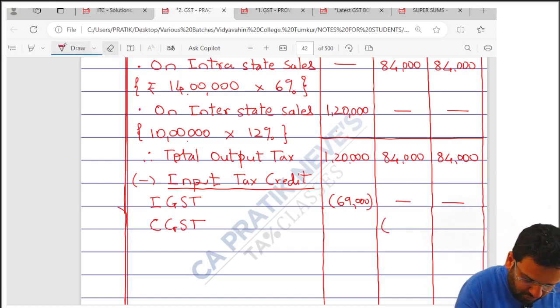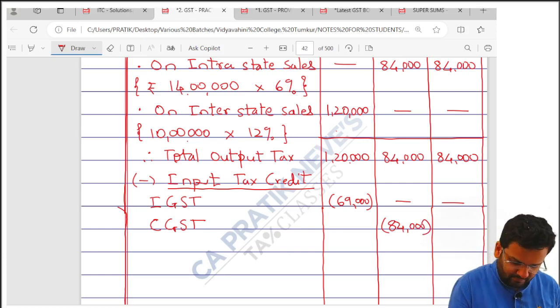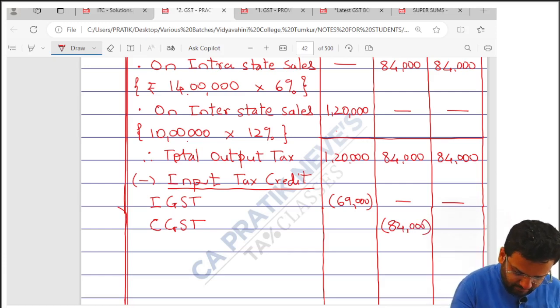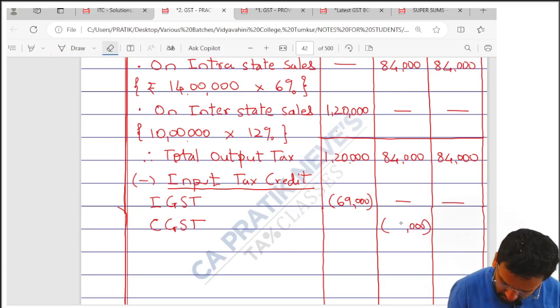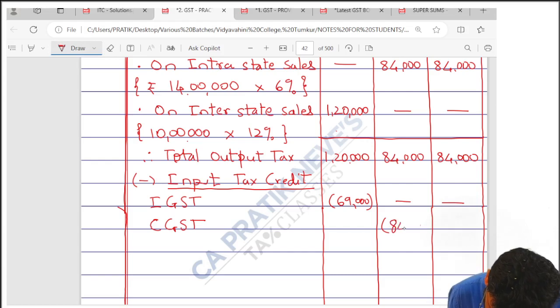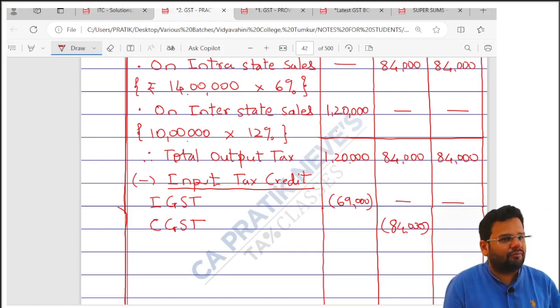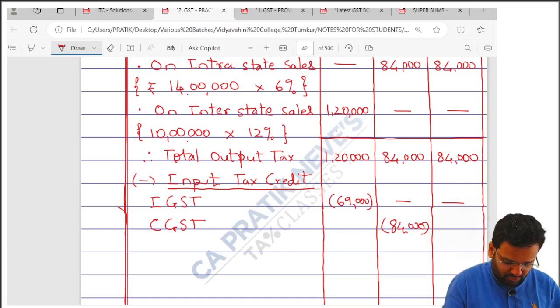Please use 84,000 for that. And after that, tell me how much is the balance. 84,000 you have used. What is the balance? 22,000.